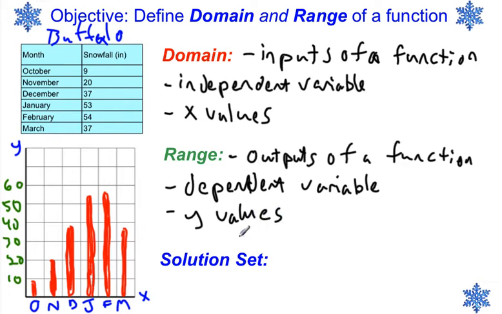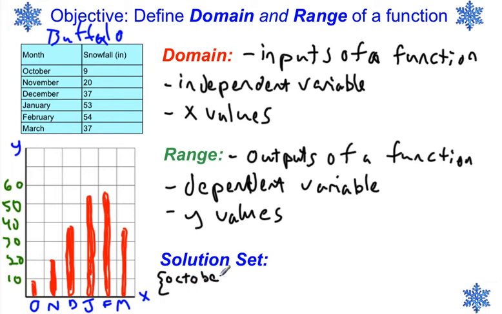So if we were going to write these as corresponding pairs as a solution, almost like from the graphs we've been looking at, x and y values, what could we expect? Well, let's go for October. Since we have x values and y values, it's just like writing a point on a graph, except instead of an x value, our input, because our independent variables are our inputs, those are x values.